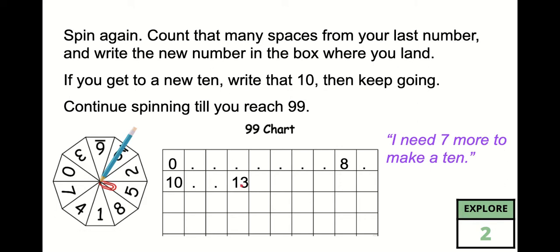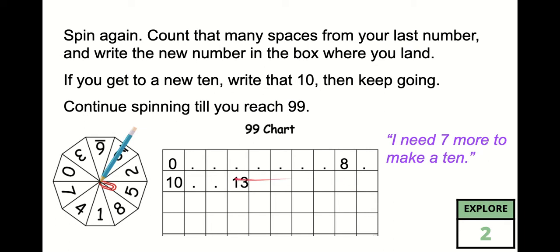So let's go from 13 and add 5. 1, 2, 3, 4, 5. 13 plus 5. You can either count on from 13 or use your fingers to help you.